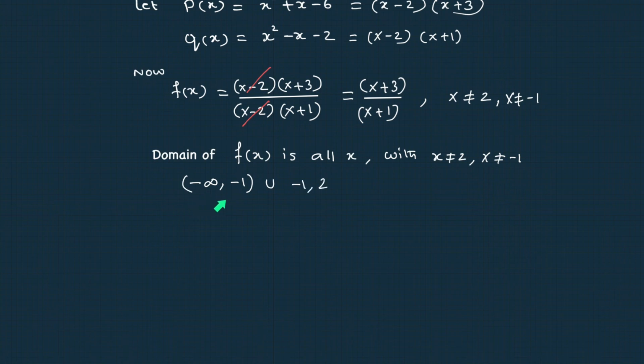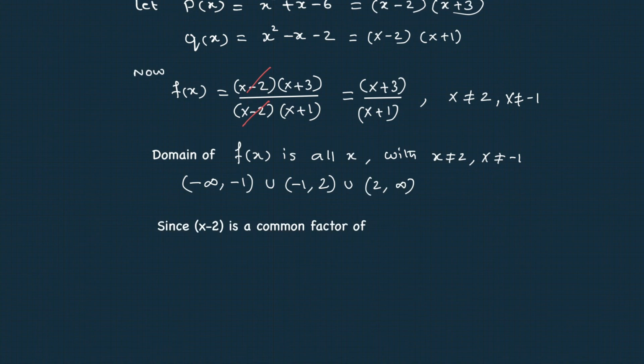Writing the domain in interval notation, we have the following. Since x minus 2 is a common factor of p of x and q of x, the function f of x has a hole at x equals 2.